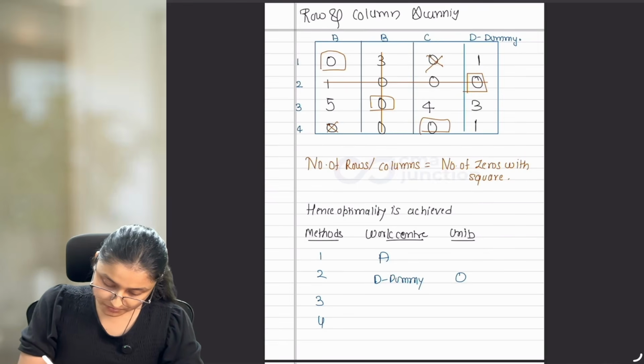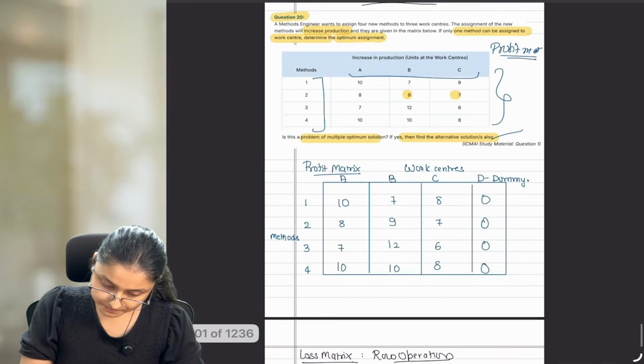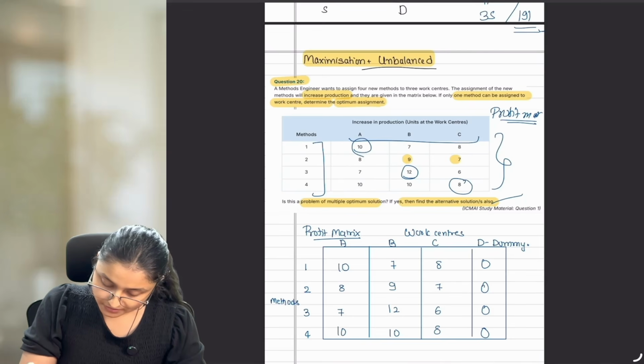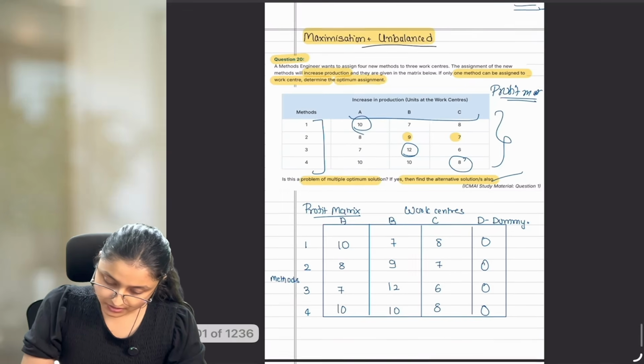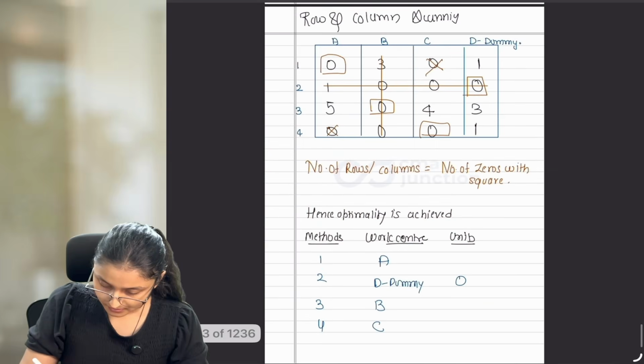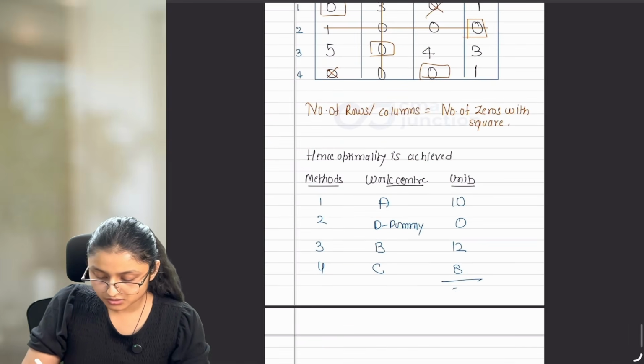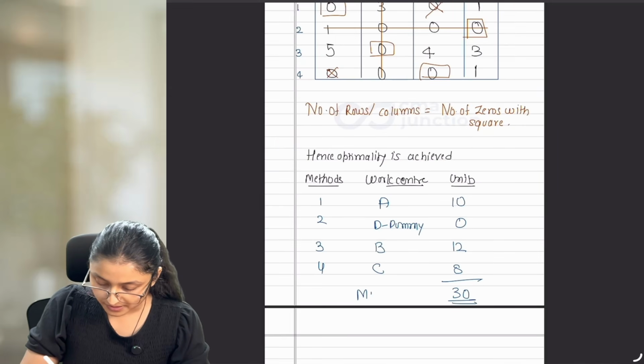For 3 we allotted B, for 4 we allotted C. So A, B, C is what we have to take. A, for 2 though it's dummy, for 3 we have B, for 4 we have C. So 10 plus 12 plus 8, that is equal to total 30 units. This is the maximum units.